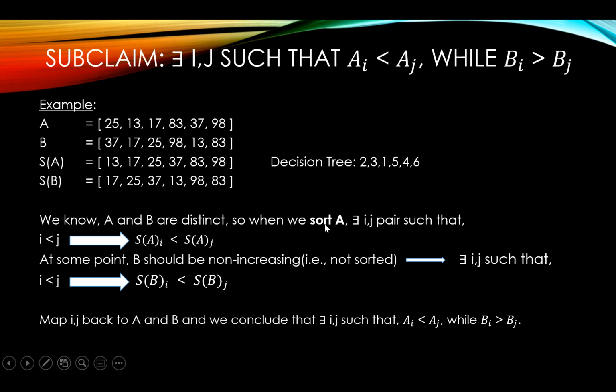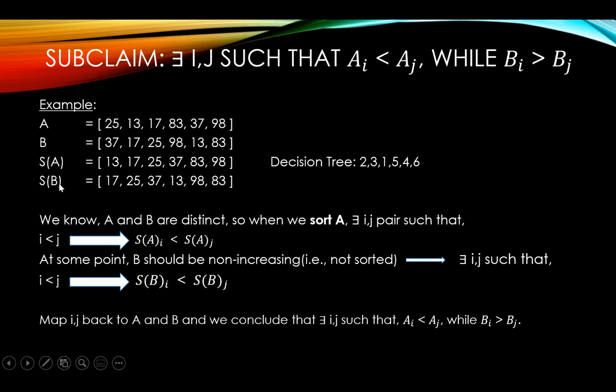When we sort A, there exists an i, j pair such that i is less than j and S of Ai will always be less than S of Aj. These things are in increasing order, so it will always be less than. At some point, we'll notice that B should be non-increasing.